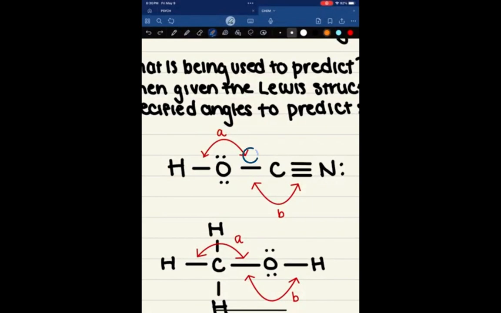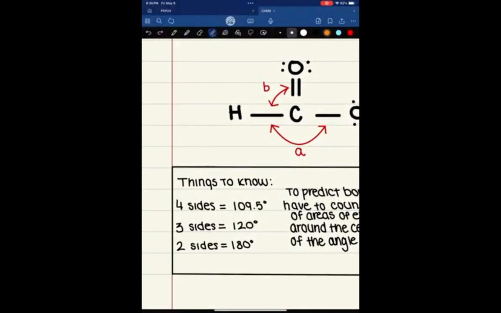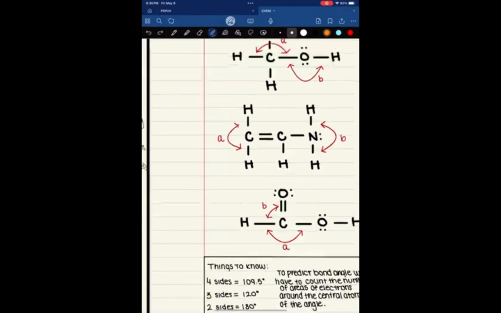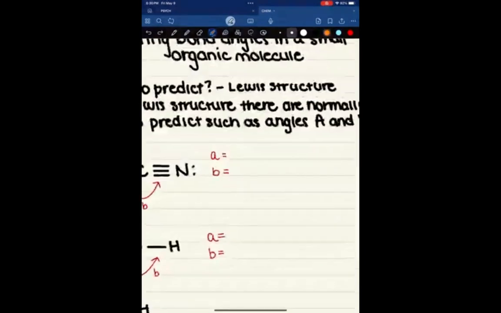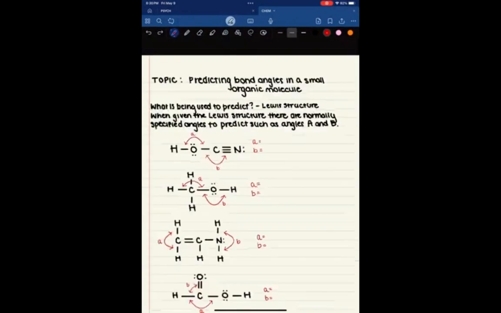It looks like we have 4 sides or areas where there are going to be electrons. And for 4 sides, that is going to be equal to 109.5 degrees. So for angle A, it is going to be 109.5 degrees. Let's write that here.